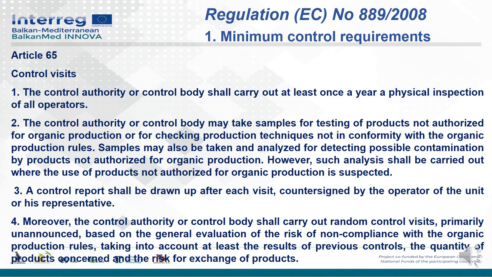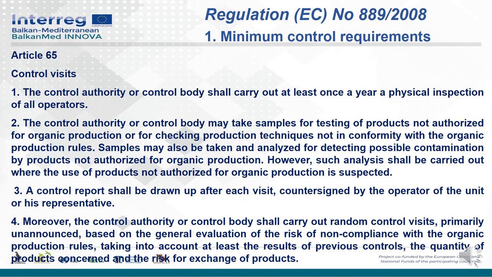Article 65. Control visits. The control authority or control body shall carry out at least once a year a physical inspection of all operators. The control authority or control body may take samples for testing of products not authorized for organic production or for checking production techniques not in conformity with the organic production rules.